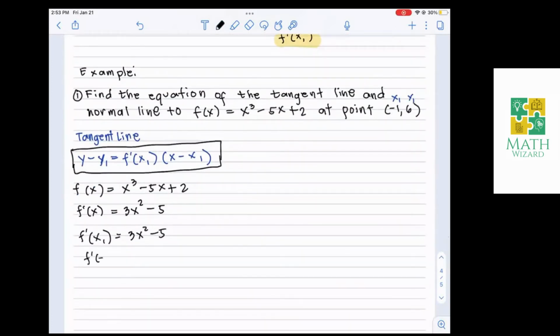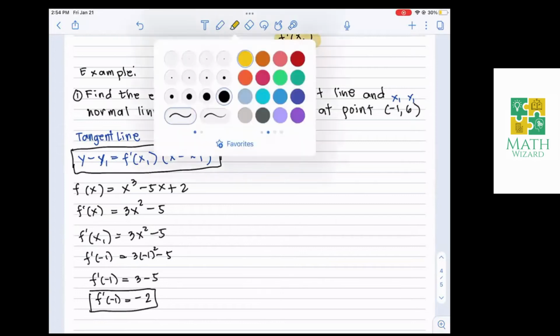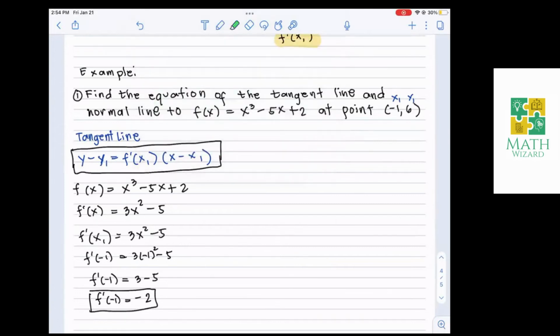So f prime of negative 1, that is 3 times negative 1 squared minus 5. So this becomes 3 minus 5, or the final answer is equal to negative 2. So this is negative 2. So ito ang ipa-plug in natin dito. Ang ipapalit natin dito ay this one, the negative 2.